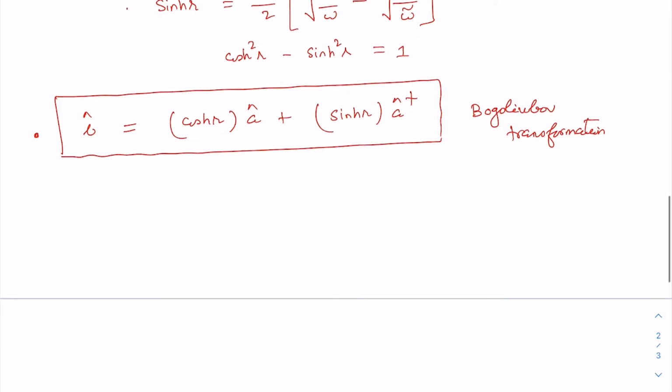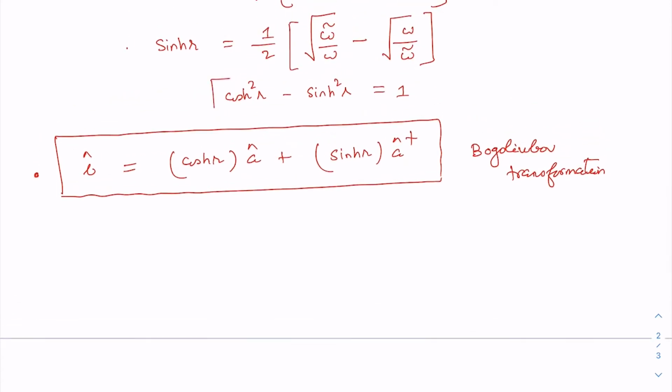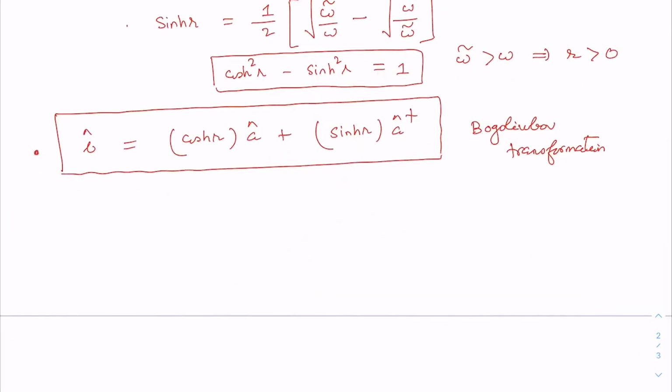And another thing, let me just comment here: because cosh squared r minus sinh squared r is equal to 1, and since omega tilde is greater than omega, this implies that the parameter r is greater than 0. Now let us look at the variance of the new harmonic oscillator.